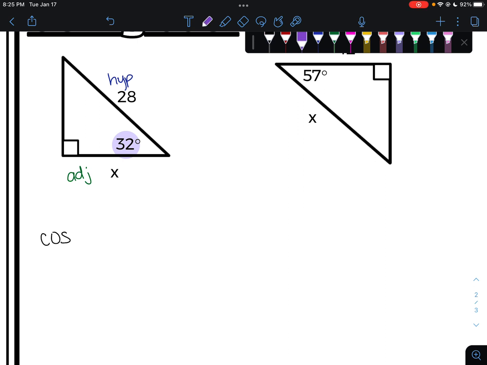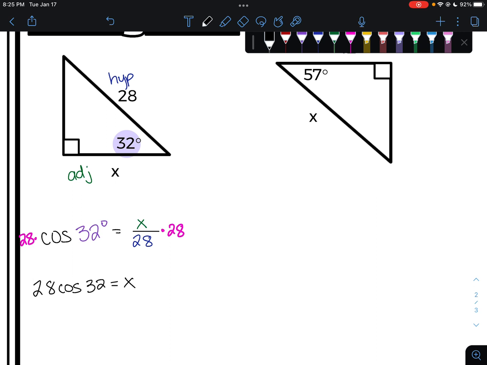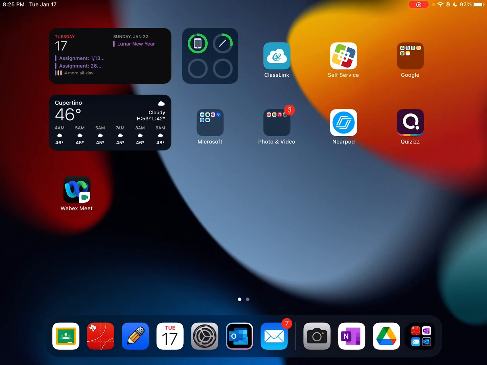So I do cosine of my angle, 32 degrees, equals my ratio of x over my hypotenuse, 28. I notice that the 28 is on bottom, so all I need to do is just multiply both sides by 28. And in my calculator, I can type in 28 times cosine of 32, and that's going to give me what x equals. So let's go to our calculator.